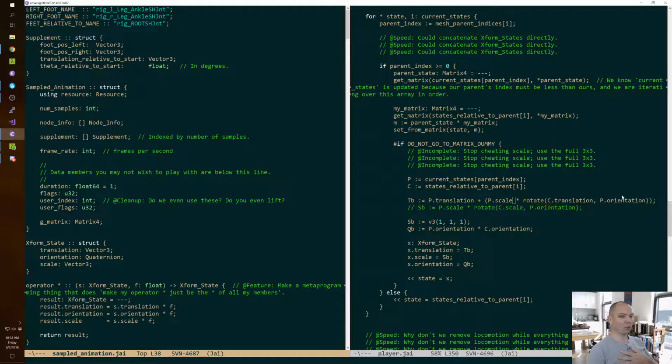And so for translation, that's pretty easy. For rotation, it's pretty easy. For scale, it was not so easy because our scale representation didn't have enough information in it. We were also doing it wrong. We were doing it wrong, but it also didn't have enough information in it.